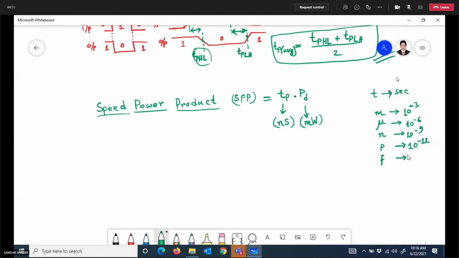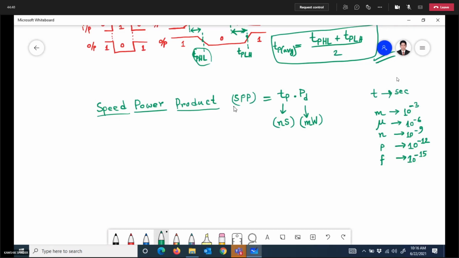This is the multiplier. It can be picosecond or it can be picowatt. And F is for femto, which is -15. So milli, micro, nano, pico, femto: -3, -6, -9, -12 and -15.